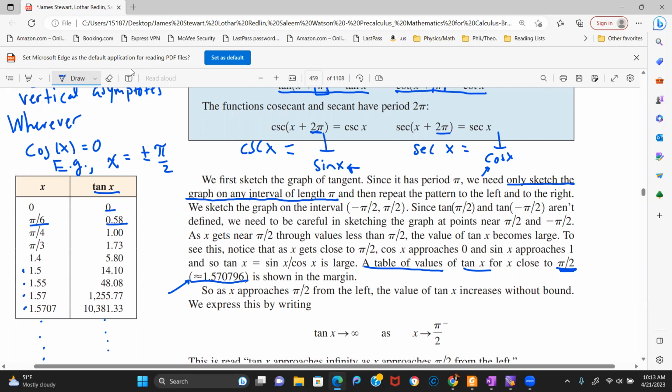And notice as x gets closer and closer to pi over 2, notice what is happening to these values. They're getting larger.